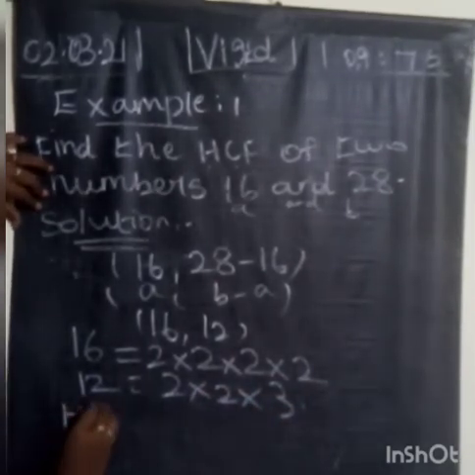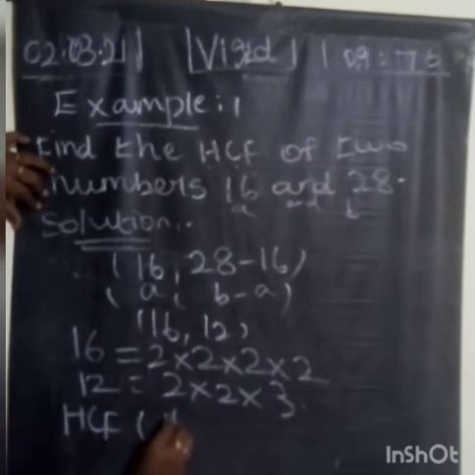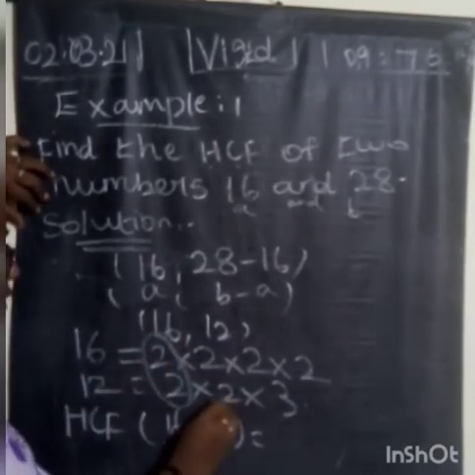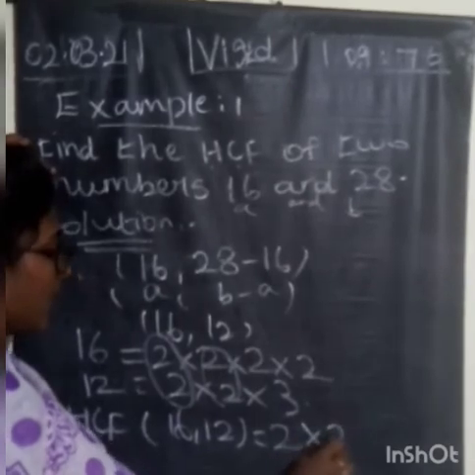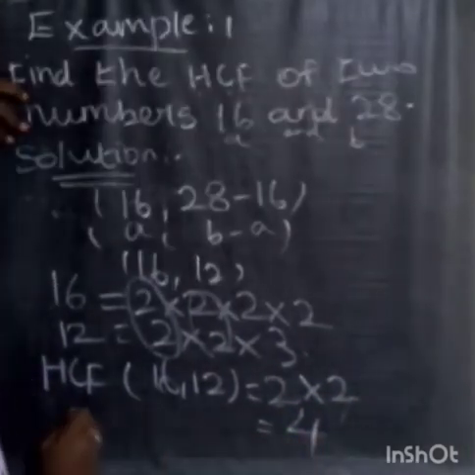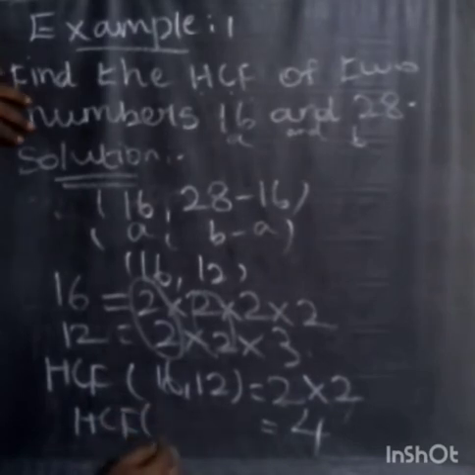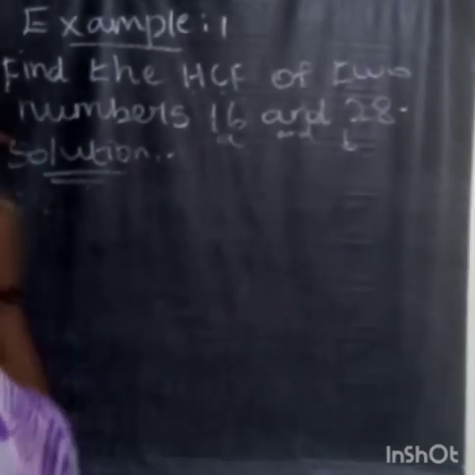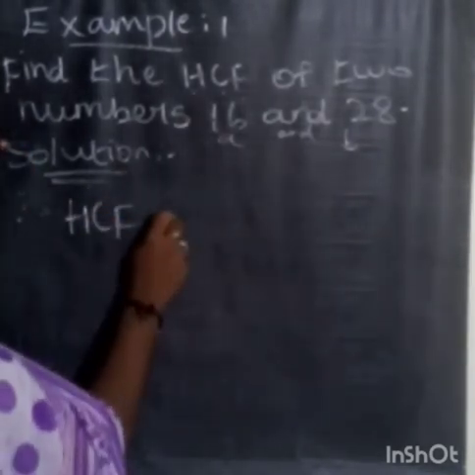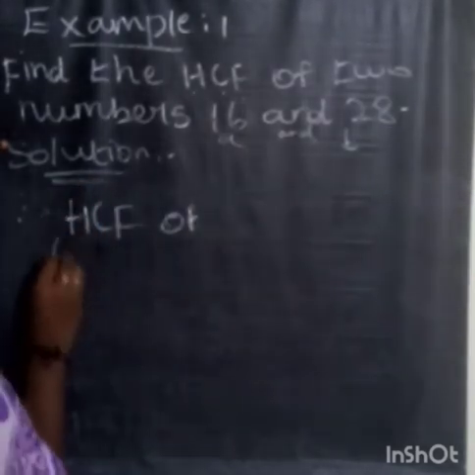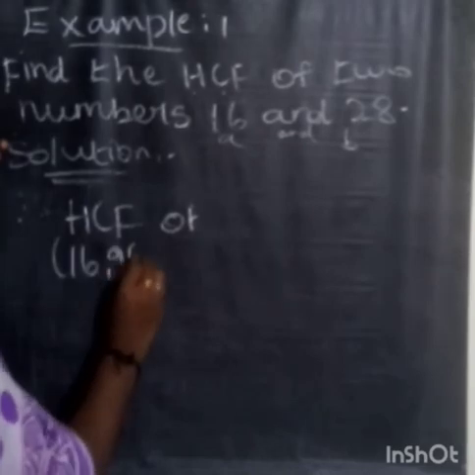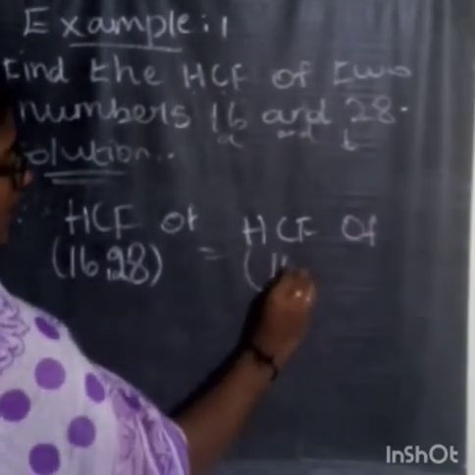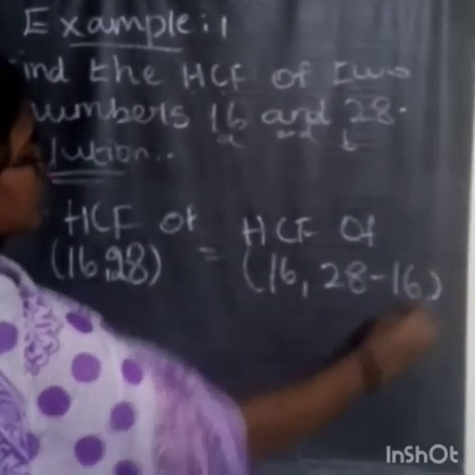Now the HCF of 16 comma 12 equals the product of the common factors, 2 and 2. 2 multiplied by 2 is 4. So the HCF of 16 comma 12 equals 4. Therefore the HCF of 16 comma 28 equals the HCF of 16, 28 minus 16.